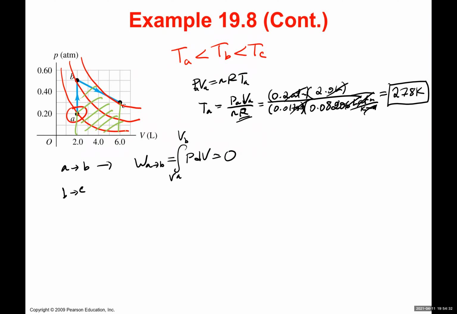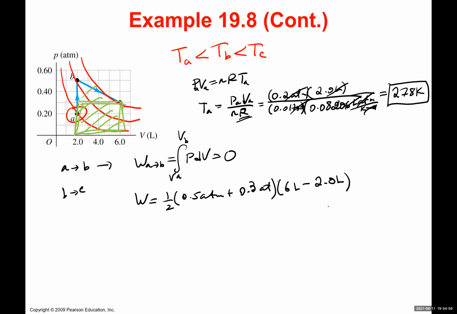Again, separating this into two areas and then finding the value. So we can say the work done equals 1/2 times 0.5 atm plus 0.3 atm, then times 6 liters minus 2 liters.